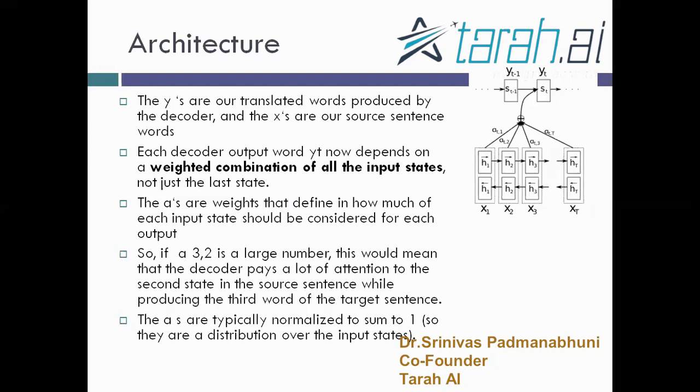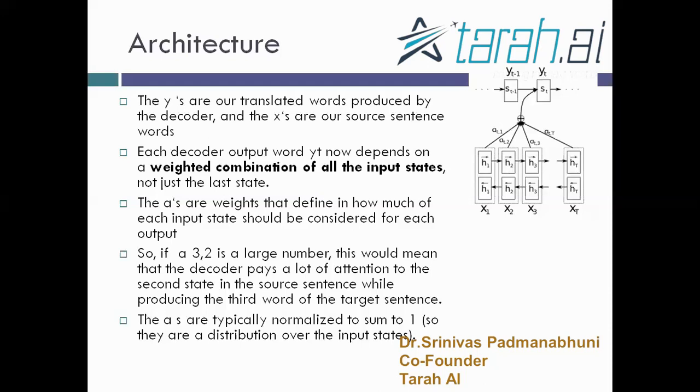So what you do here is each output word yt depends on a weighted combination of all the input states, not just the last input state. So this is a very important departure from the conventional encoder-decoder architecture.